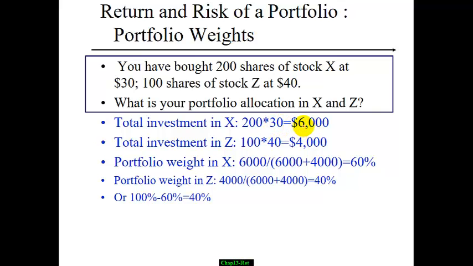We invested 6,000 in X and 4,000 in Z. Our total portfolio value is 10,000. So this implies portfolio weight in X is 60%. The rest must be 40% in Z.